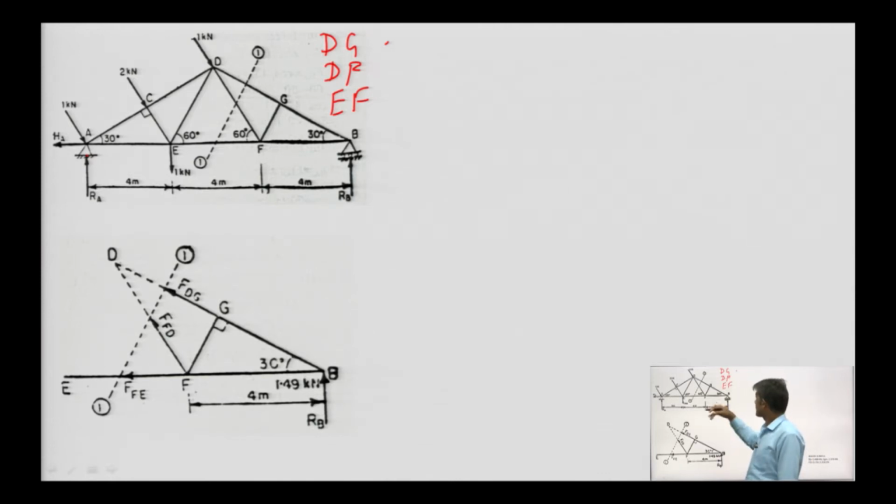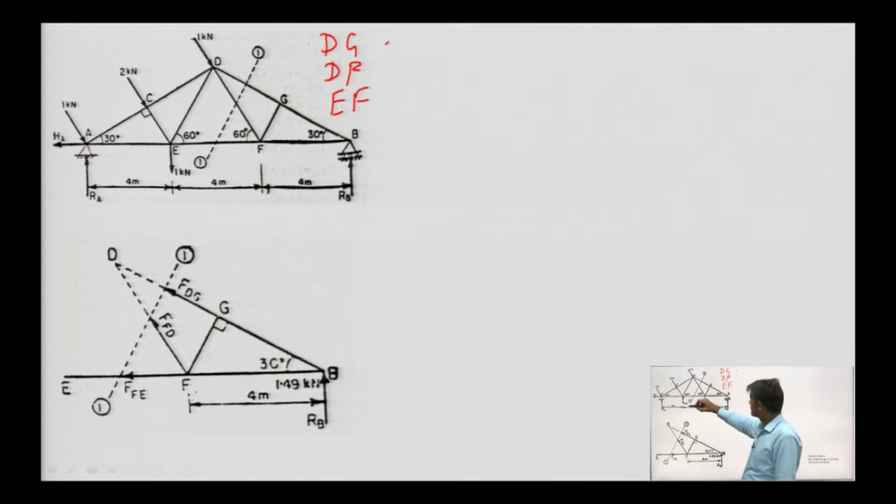If member forces are required to be calculated in only these three members, then what do we do?